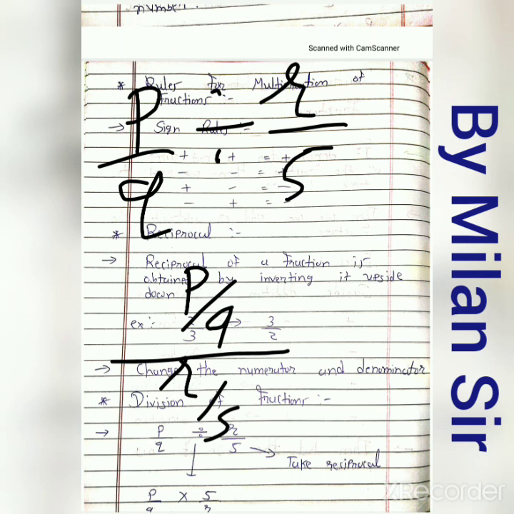Now we use the reciprocal property. Now in the denominator it is r by s. Now multiply this r by s with its reciprocal. The reciprocal of r by s is s by r, right? If we multiply the denominator with s by r, then we need to do the same in the numerator too.